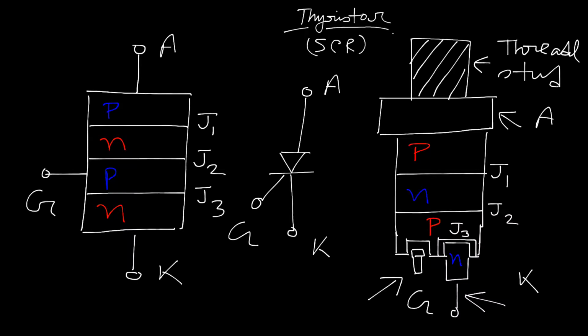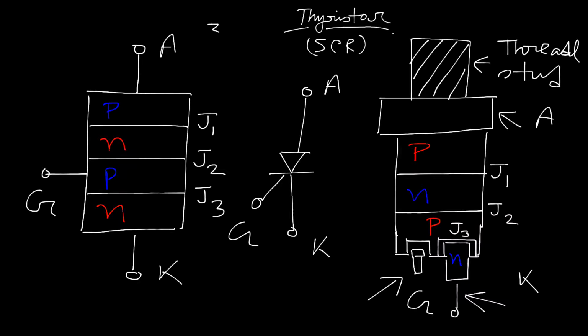As well as, keep in mind that this kind of structure has particular ratings for application purposes. If the rating is very high, the thyristor can handle near about 30 megawatt of power.